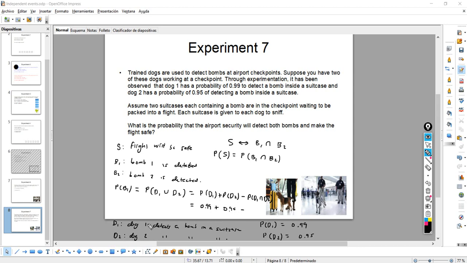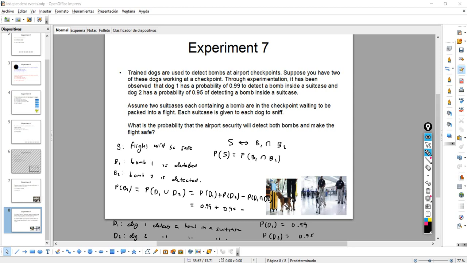Now at this point is where again we think of the independence of these two events. Are D1 and D2 independent events? D1 is the dog 1 detecting the bomb in the suitcase given to him, and D2 is the event in which the dog 2 detects the bomb in the suitcase given to him. Okay, clearly, once again, these are independent events.